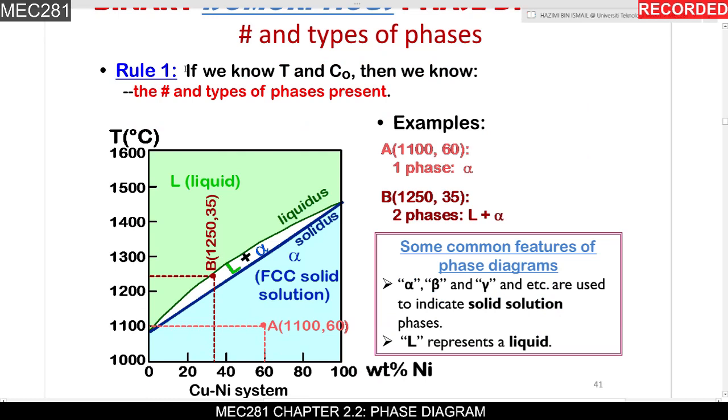Binary isomorphous phase diagram and types of phase. Rule 1: if we know the temperature and the composition, then we know what types of phase are present at that point, at that condition.